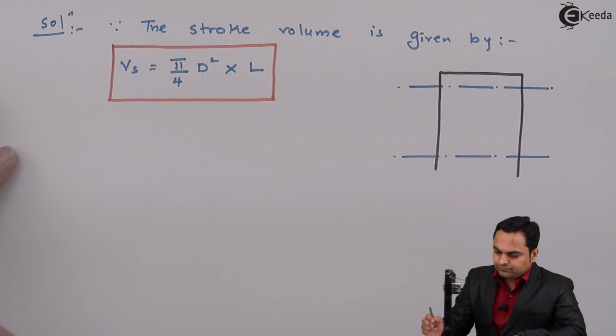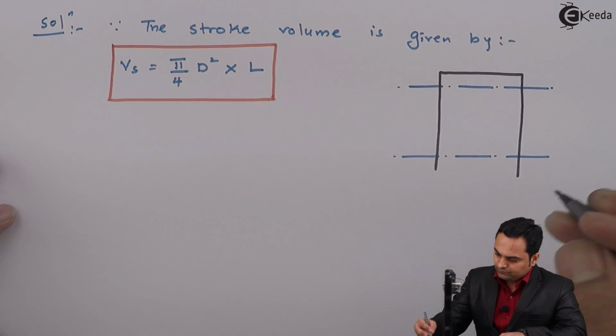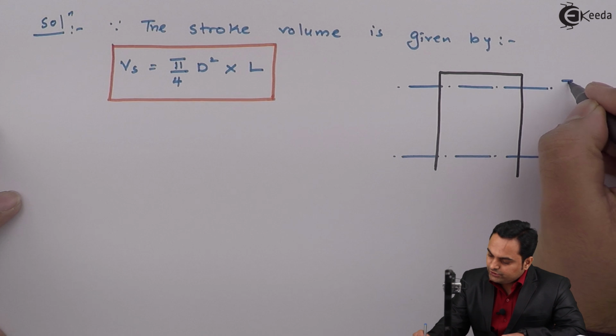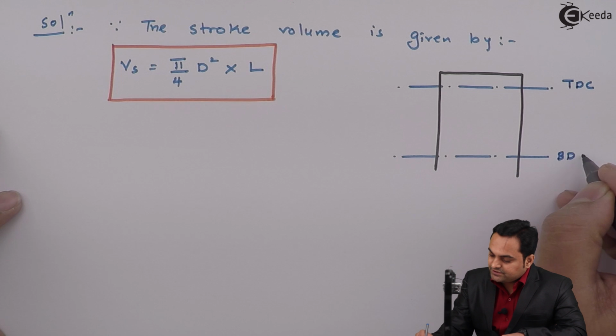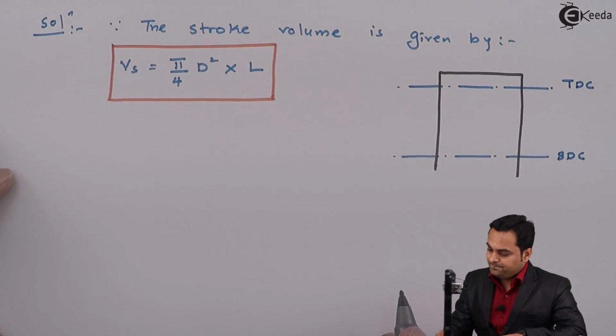This is a cylinder which has its top dead center and bottom dead center, that is TDC and BDC respectively.